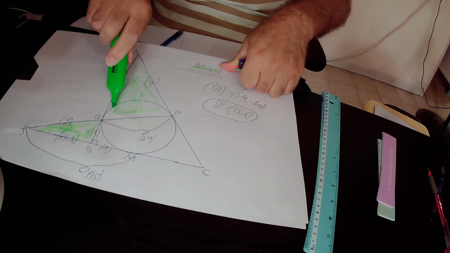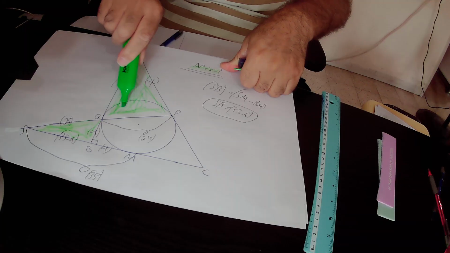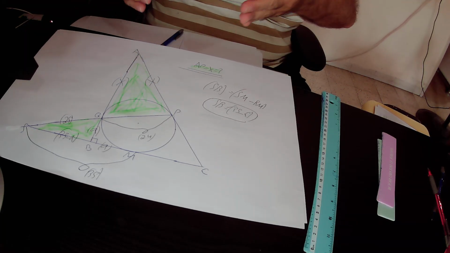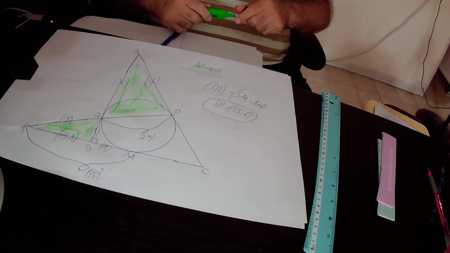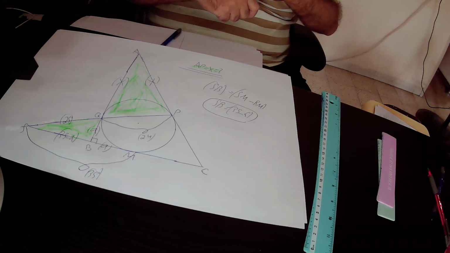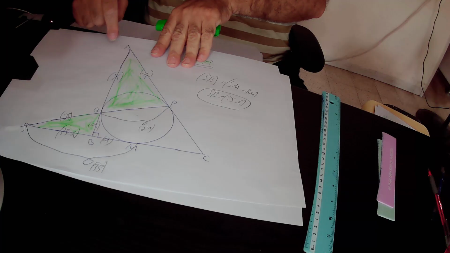In this red triangle AQP, side AQ equals side AP, therefore triangle AQP is an isosceles triangle. QP is of course the base of the isosceles triangle AQP. Again, QP is the base of the isosceles triangle AQP.